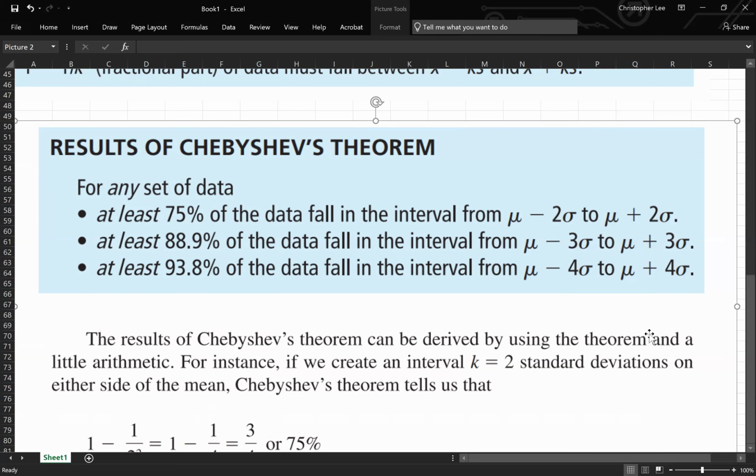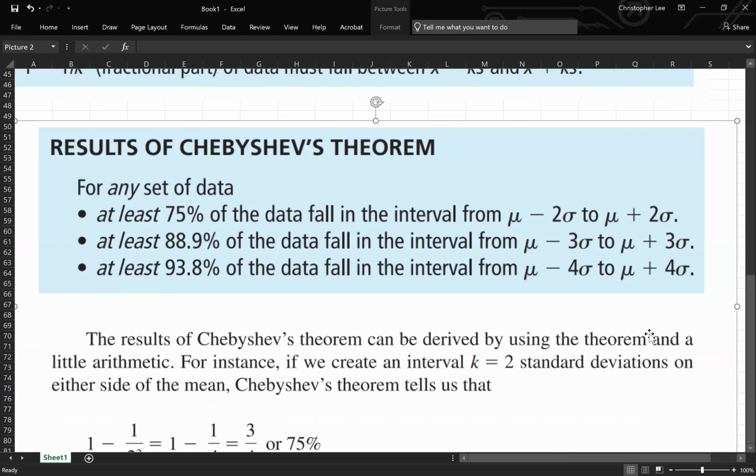So on and so forth. Say I want 88.9% of the data, that's three standard deviations to the left and three to the right. Say I want 93.8% of the data, four standard deviations to the left and four to the right, and so on, up to 100%, of course.